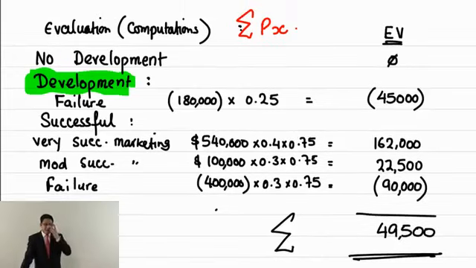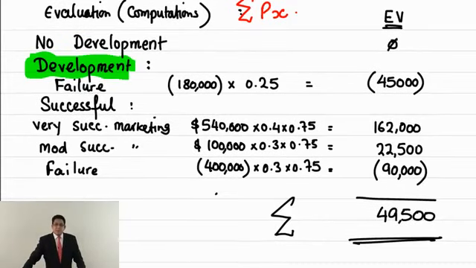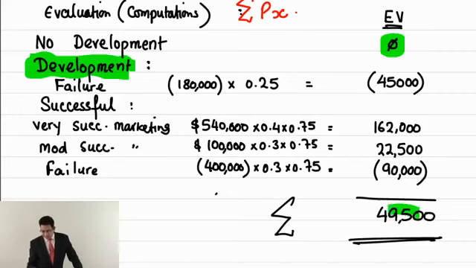Okay, if we develop the product, expected value of the profits will be 49,500, and if we do not develop the product, expected value will be 0. So do you want a profit of 0 or do you want a profit of 49,500? It doesn't mean this 49.5 profit will actually occur.